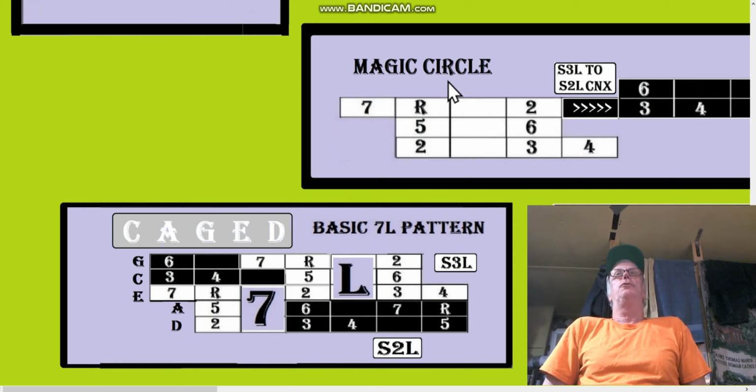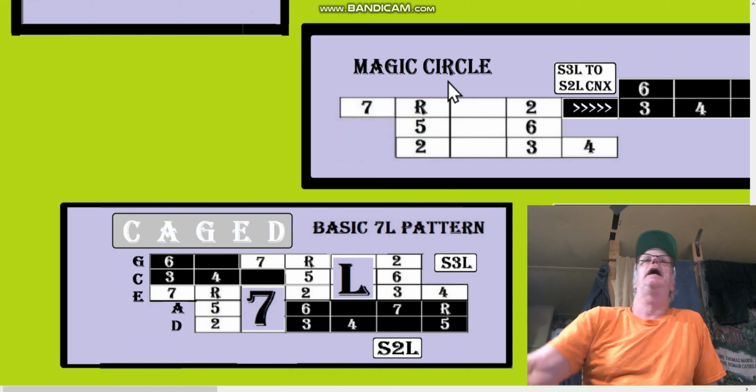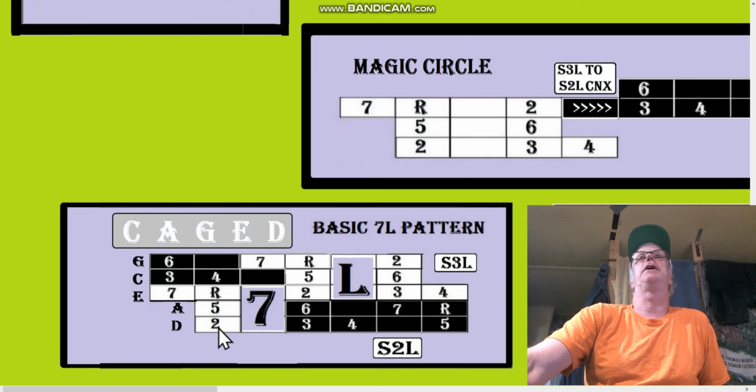Now, the reason why I haven't assigned a CAGED shape to these, such as, hey, this looks like D shape, and this would be C shaped.